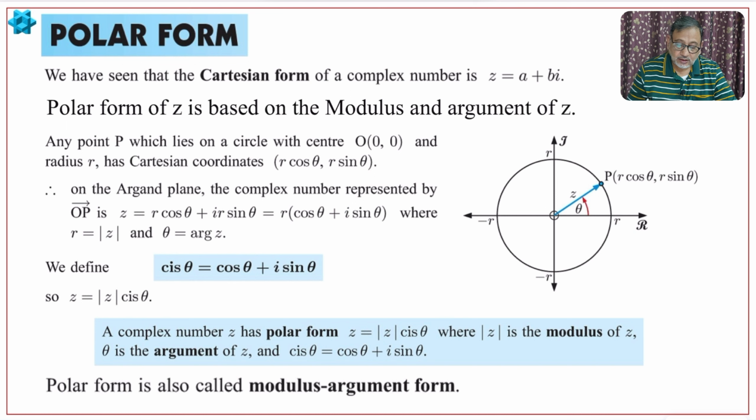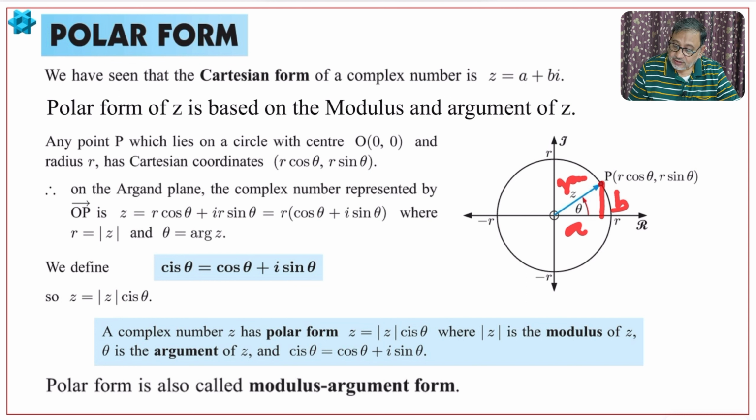Okay. Now polar form. Polar form means representing a complex number with the argument, the modulus and argument form. So if a complex number is z equal to a plus bi, here is that complex number. Then we can draw a perpendicular here, this is b, this is a, and this is r, the length of the vector OP.